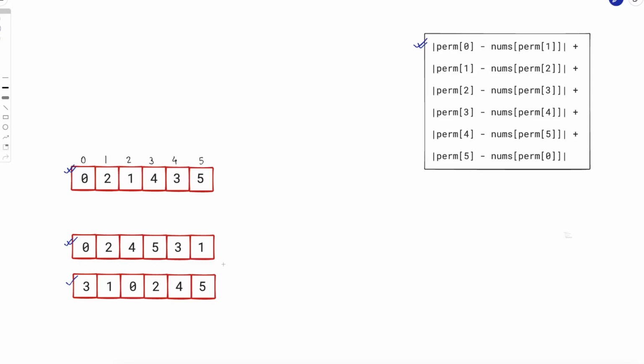So the overall complexity of that approach would be order n factorial, because there are n factorial permutations, and for each you will be figuring out the score, which will take order n time in the minimal scenario, because you will be iterating over every element at least once. So this is the overall time complexity of your approach.